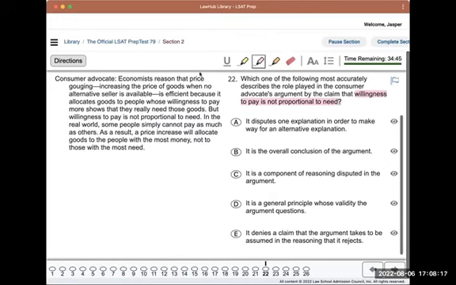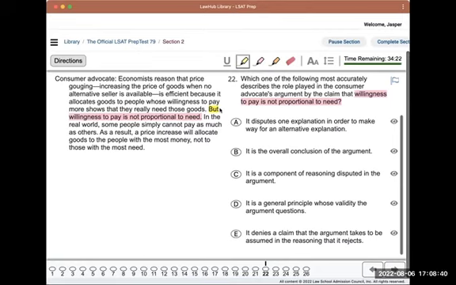Okay, where do we see that? Willingness to pay here. And the word but, so it's in contrast to something. So let's figure out what it's in contrast to, how it works with the rest of the parts of the argument.